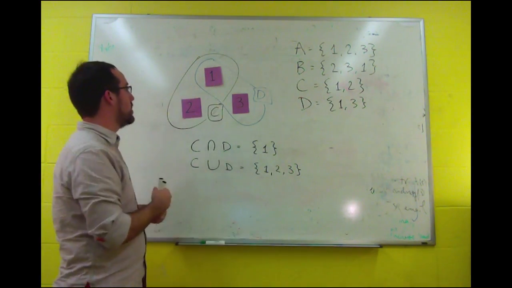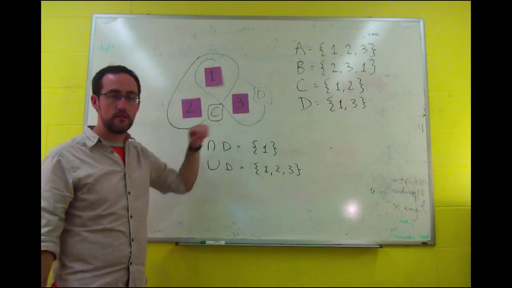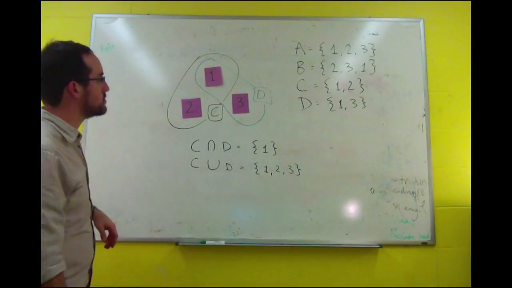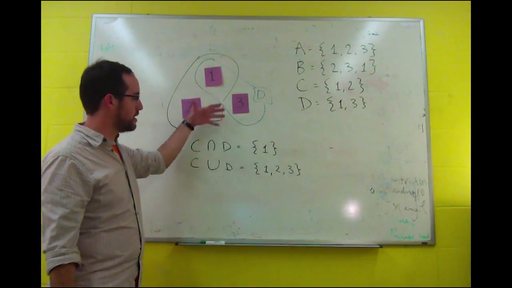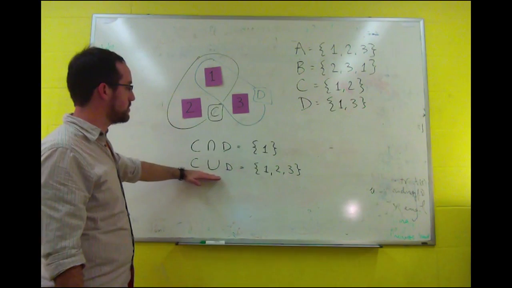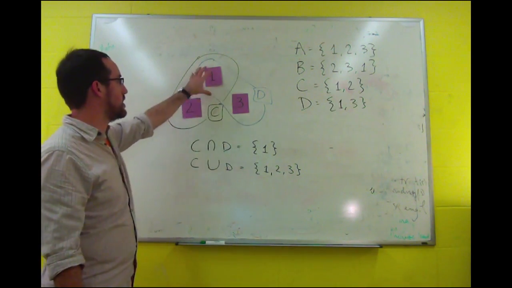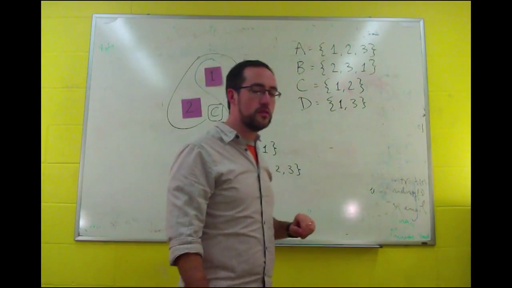That is to say, element 1 is in either set, 2 is in either set, 3 is in either set. And the union will contain these items. The intersection is more restrictive. Both of those will be useful concepts.